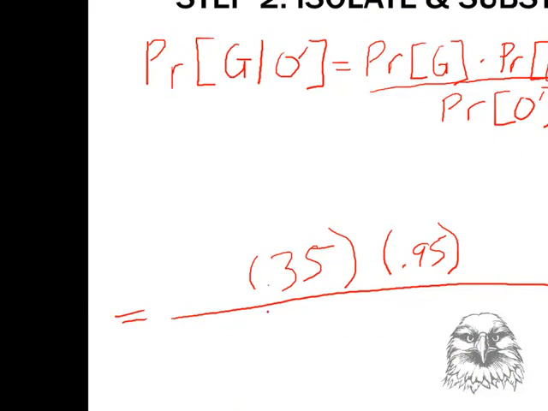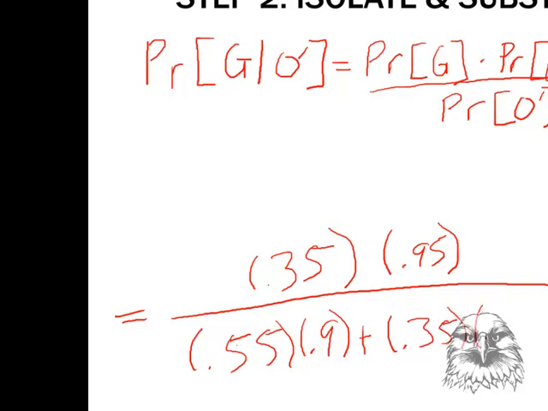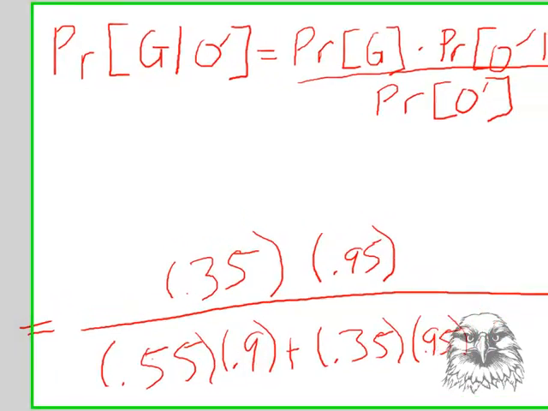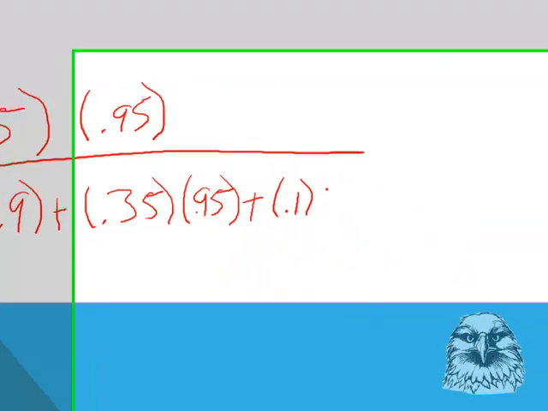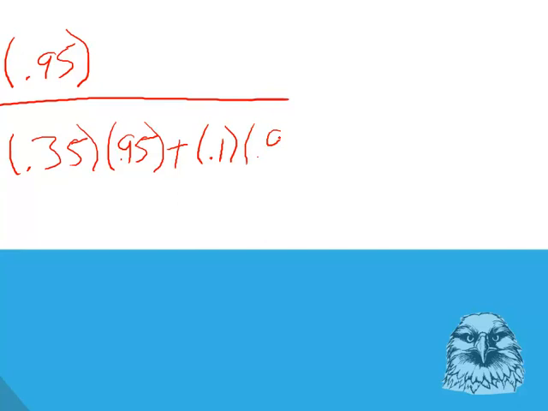And then the denominator is going to have to be all the ways of getting not overdue, which is going to be 0.55 times 0.9 plus, I'm just writing down those multiplications that we had on the last slide. And then finally the platinum ones, which was 10%, and 98% of those guys are not overdue.